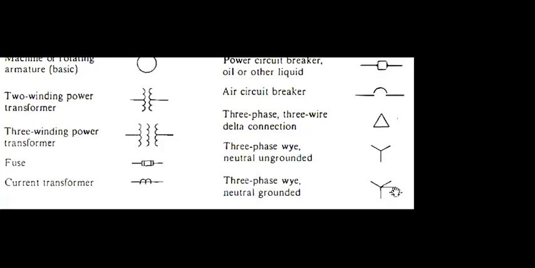You may sometimes have Y with neutral grounded, or neutral ungrounded. When the neutral is grounded, you sometimes have solid ground. In some cases you may have reactance ground.